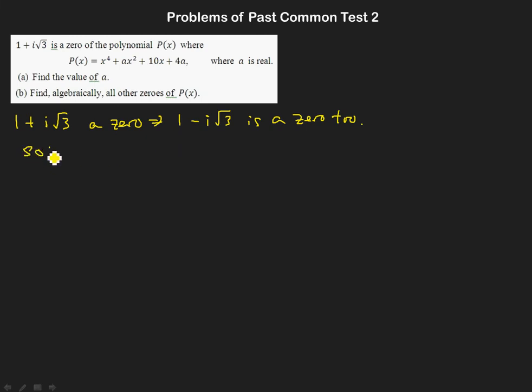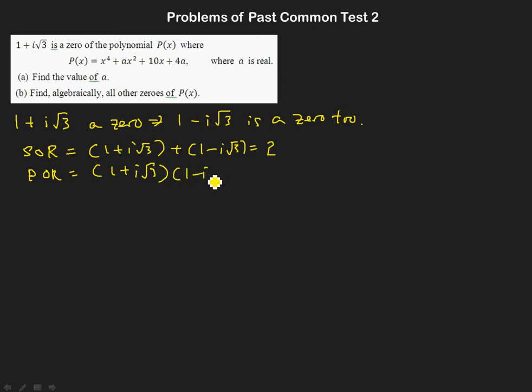So the sum of roots would be this. This should be 2, and the product of these two roots would be 4. Just expand carefully, you get 4.